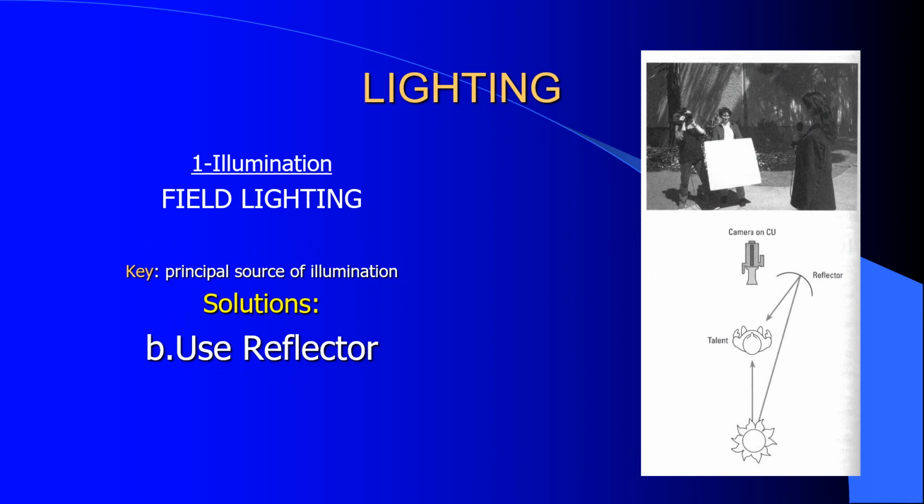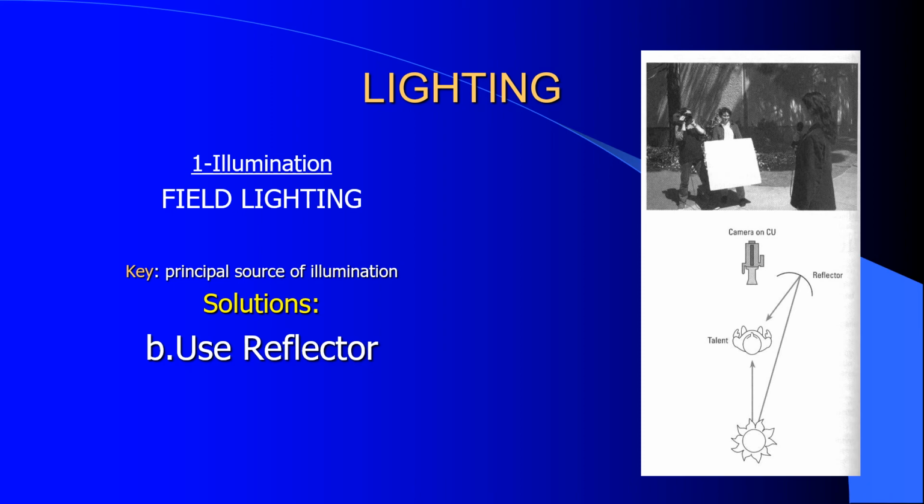Probably the best way is to use a deflector. Deflectors can be any kind of object that is going to reflect sunlight. A lot of reflectors nowadays you can buy for $25, $30. They're big cloth silver circles that enlarge, and you can fold them up and put them in a pouch.